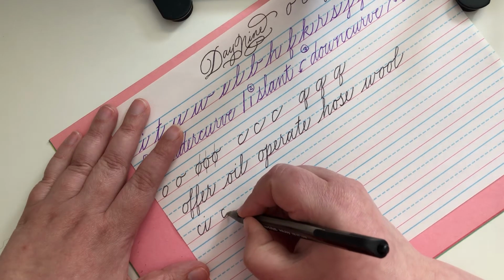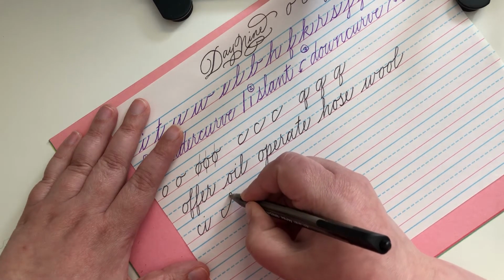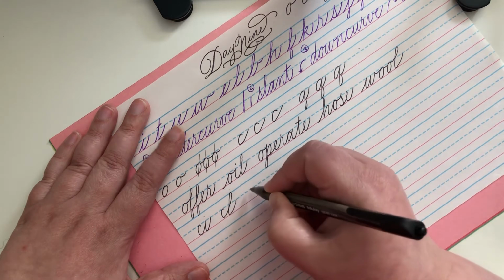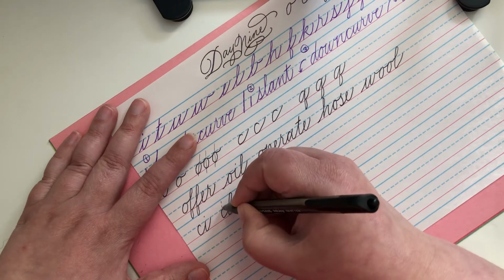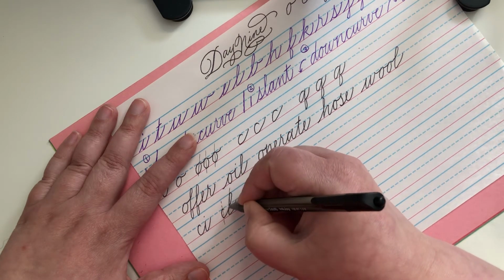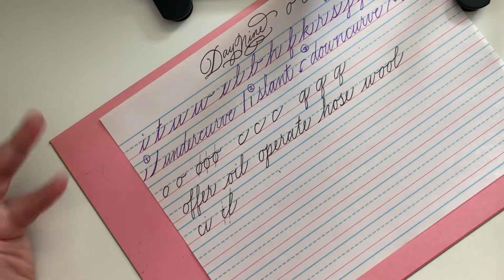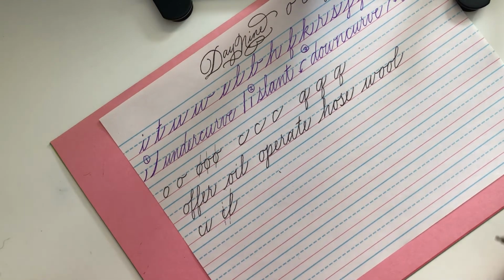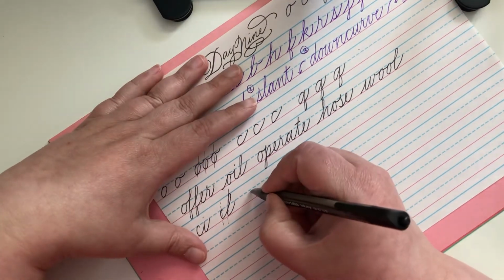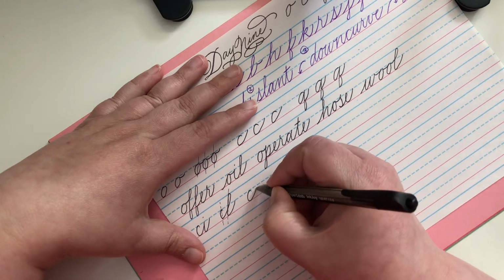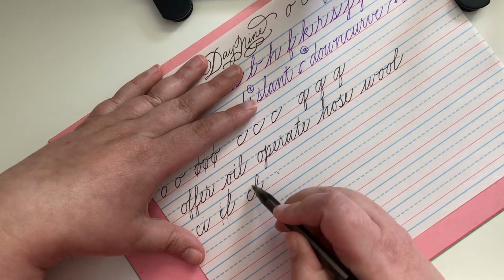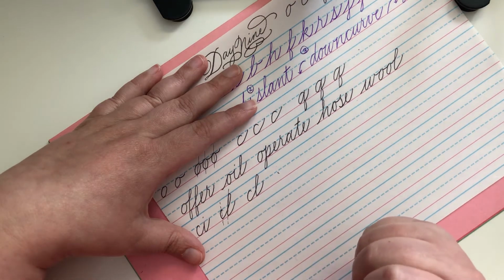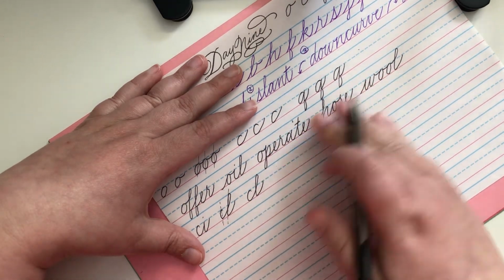Down curve, undercurve, loop back, slant. Now see how this ellipse is like this, but my slant line is like that? That's something that I'll take note of, and then the next time I write it, I'll try to pay attention to that so I get more legible letters on the same slant.